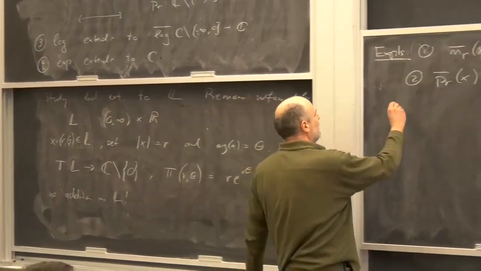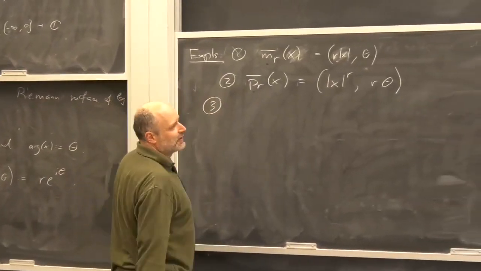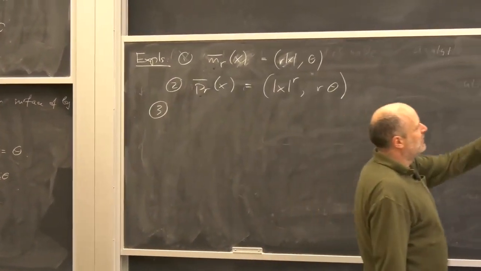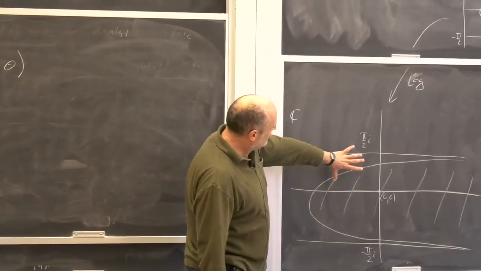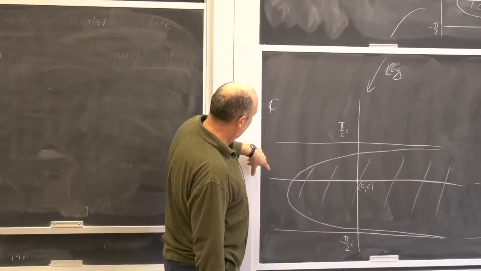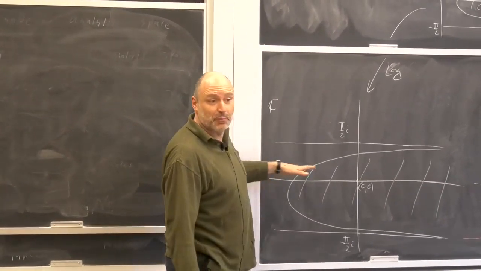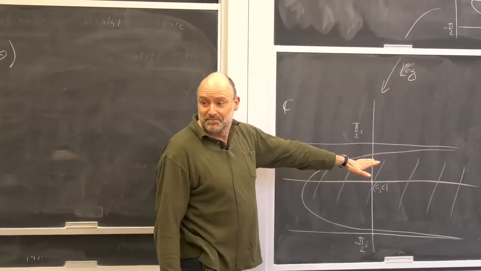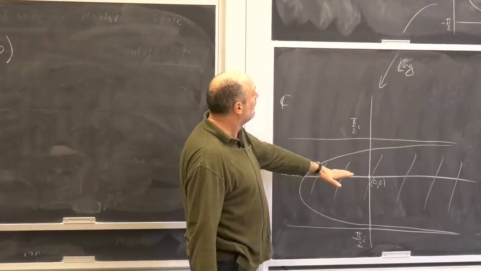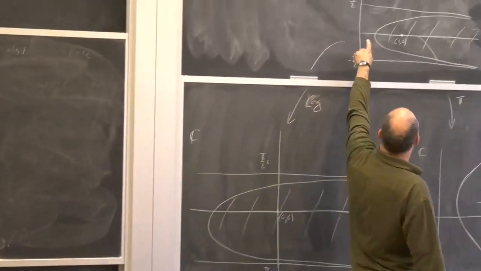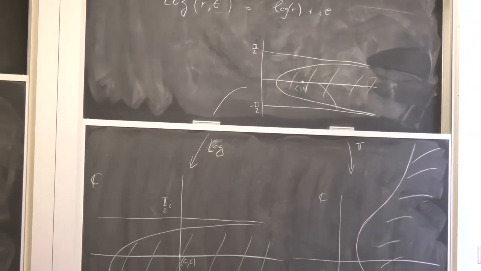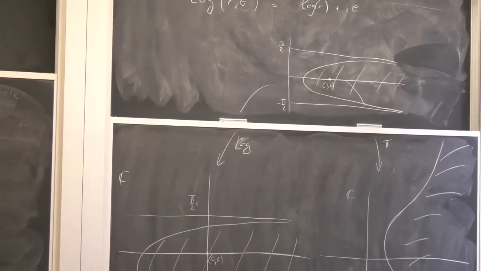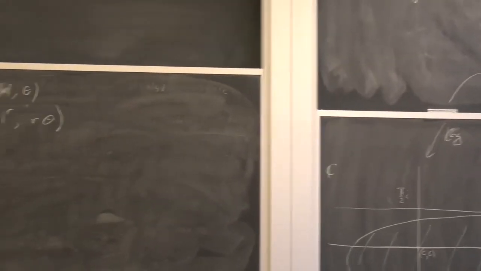Log now, how does log extend to the Riemann surface? Well, down here, we have the principal branch of the logarithm in this chart. And you can use that to define the extension of log up there. Let me see what that looks like.